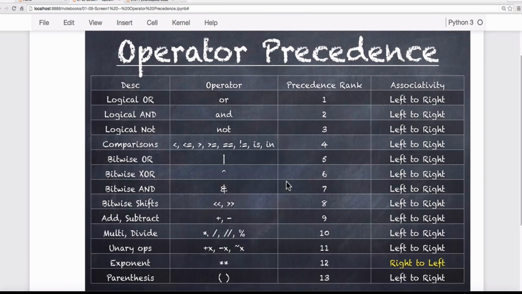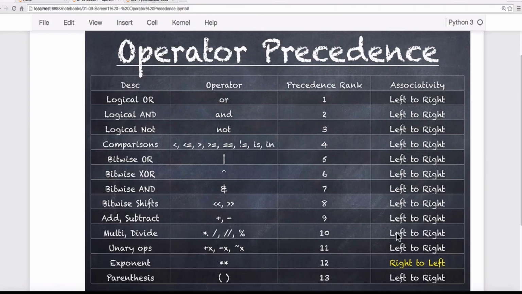The second thing is, in an expression, if there are operators with the same level of precedence, then the associativity rules kick in. Suppose there is a division, a multiplication, and another division in the same expression; then we have to follow associativity, either executing from left to right or from right to left.